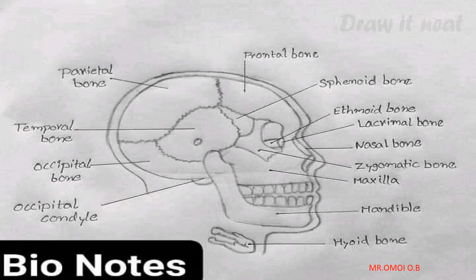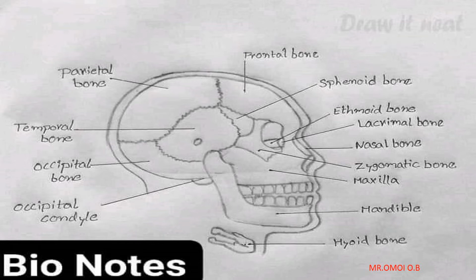We have the lacrimal bone, and this one is surrounded by the zygomatic bone. So the three bones, ethmoid bone, lacrimal bone and zygomatic bone, form the eye socket or the orbit.